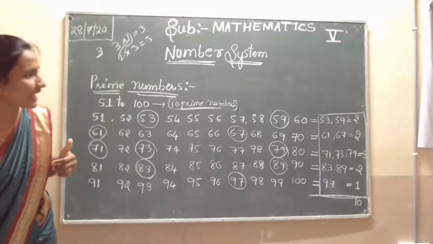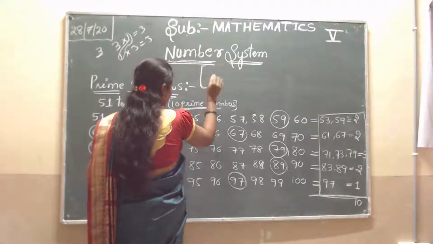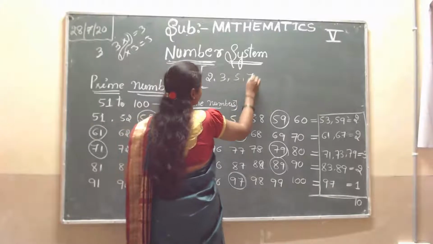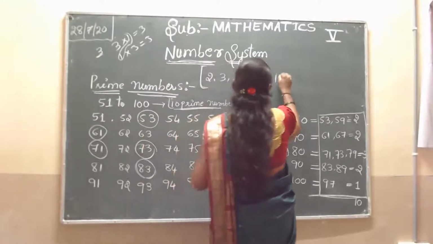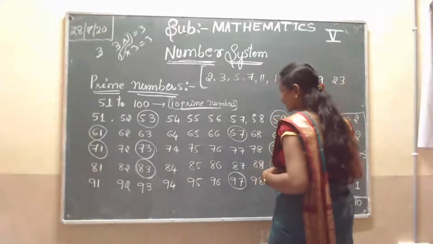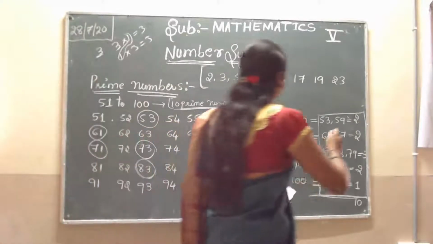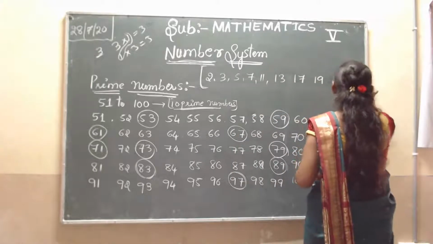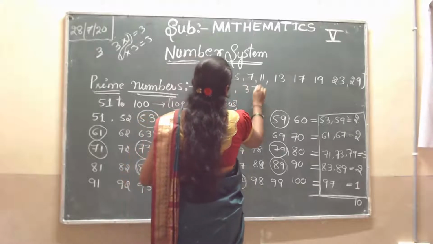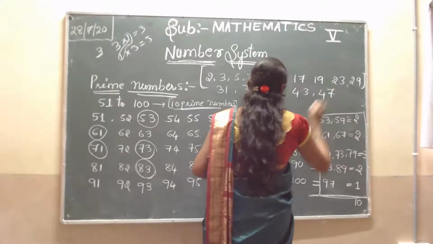So once again I recall 1 to 50. I will write it here. 2 is a prime number, then 2, 3, 5, 7, 11, 13, 17, 19, 23. Yes, students, the next is 29, 31, 37, 41, 43, 47.